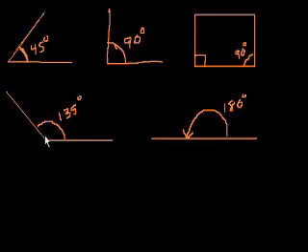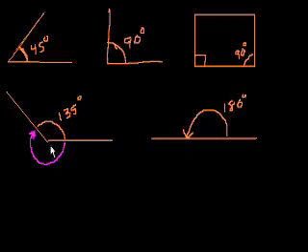And then you can keep going. If this angle here is 135 degrees, you can also measure this angle right here. Let me do it in a different color just to add some variety. The angles in a circle are 360 degrees.